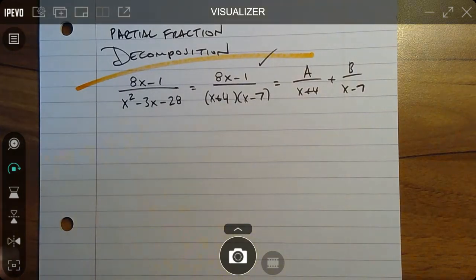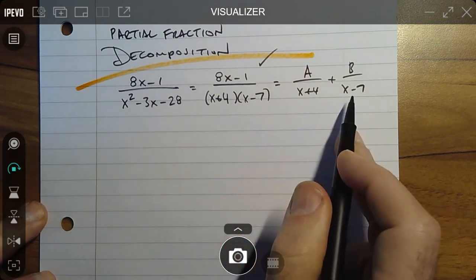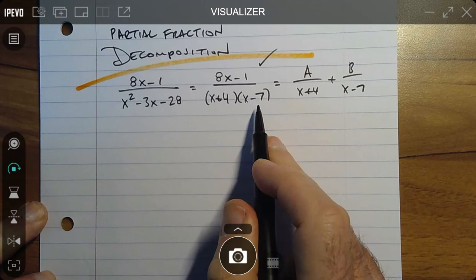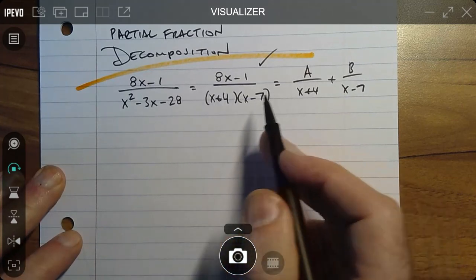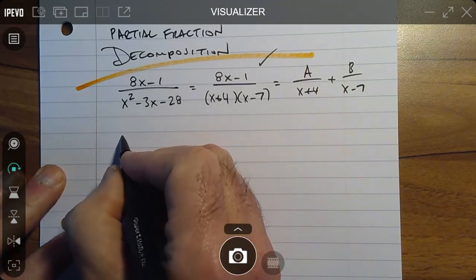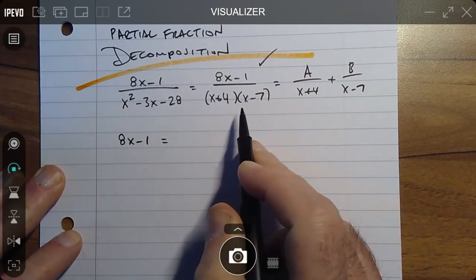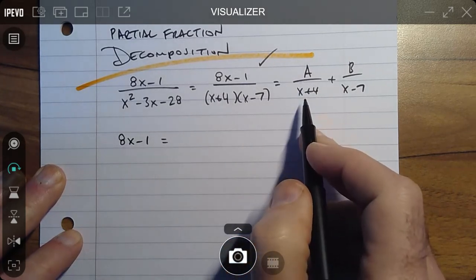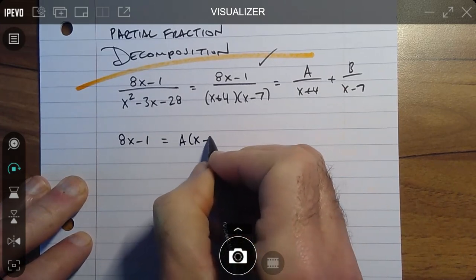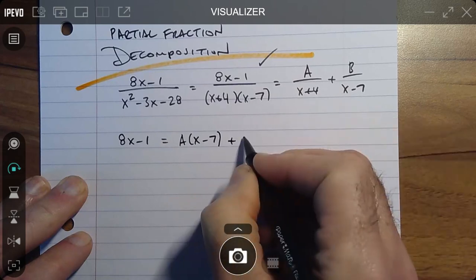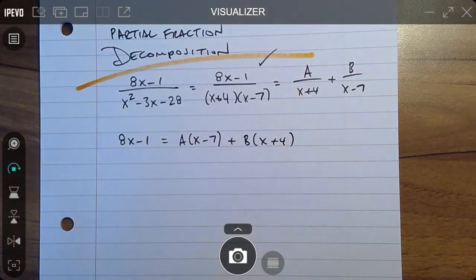So the algebra of this is that first we're going to flatten this out. So we're going to multiply both sides of our equation here by x plus 4 times x minus 7, these two binomials. So when I multiply the left-hand side by that, I of course just get 8x, take away 1 all by itself. The right-hand side, when I hit the first term, the x plus 4's cancel, and I get an a times x minus 7. And the second term, the x minus 7's cancel, I get a b times x plus 4 like that.